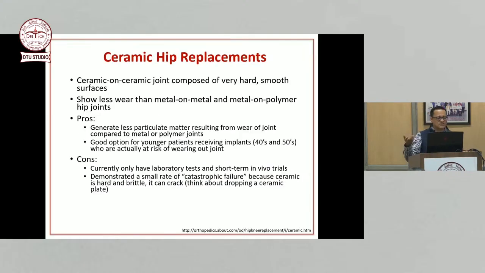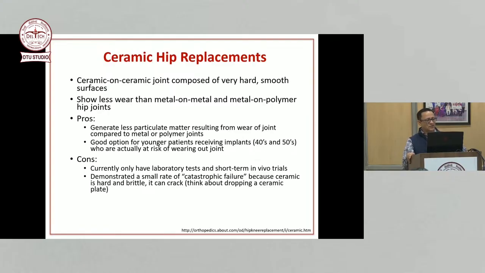So ceramic on ceramic, composed of hard smooth surfaces, shows less wear compared to metal on metal or metal on polymer. Pros: it generates less particulate matter resulting from wear of the joint compared to the other metal and polymer. Good option for younger patients because the wear is not too much.